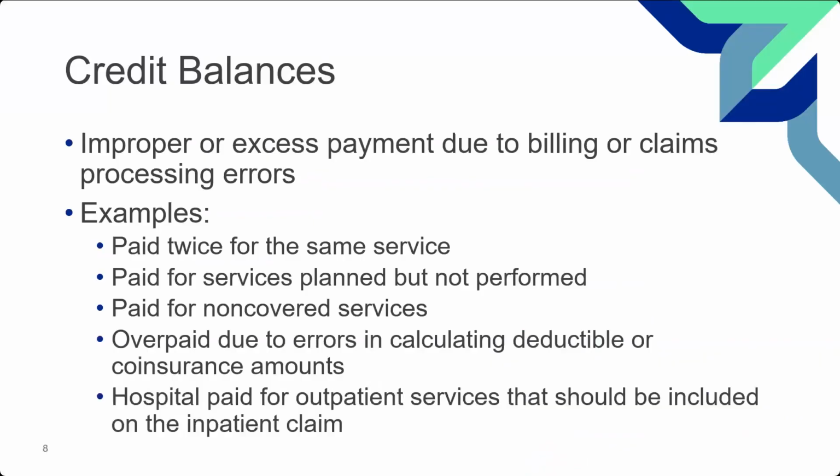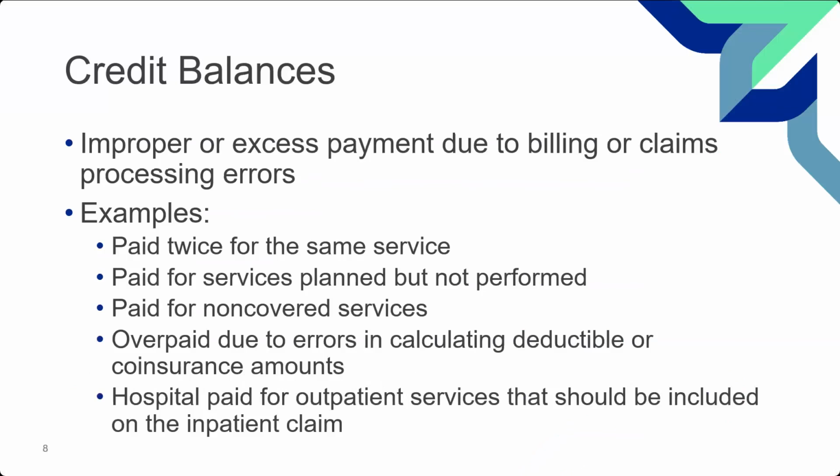A credit balance is an improper or excess payment made to providers as the result of either patient billing or claims processing errors. This slide contains some examples of Medicare credit balances. So it includes instances where a provider is paid twice for the same service.